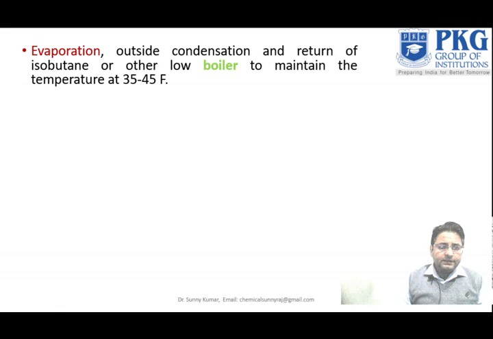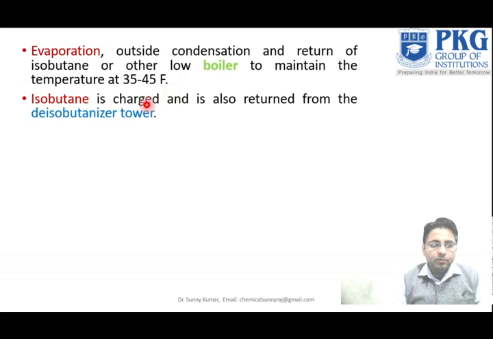The evaporation, outside condensation and return of isobutane or other low boiler maintains the temperature at 35 to 45 Fahrenheit. Isobutane is charged and is also returned from the deisobutanizer tower.